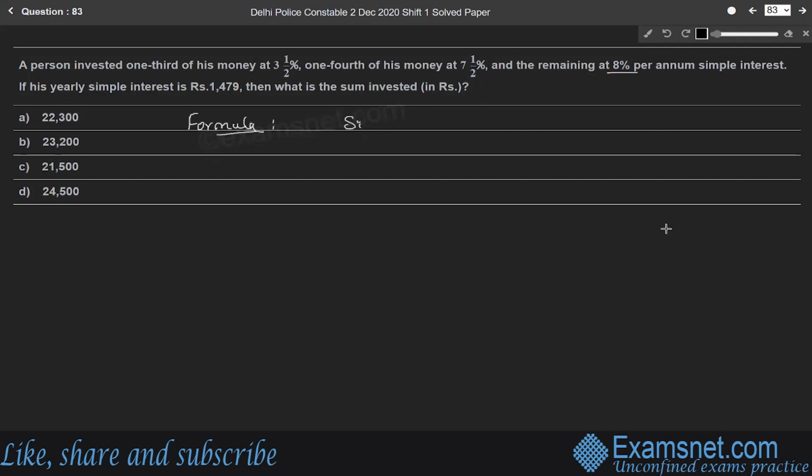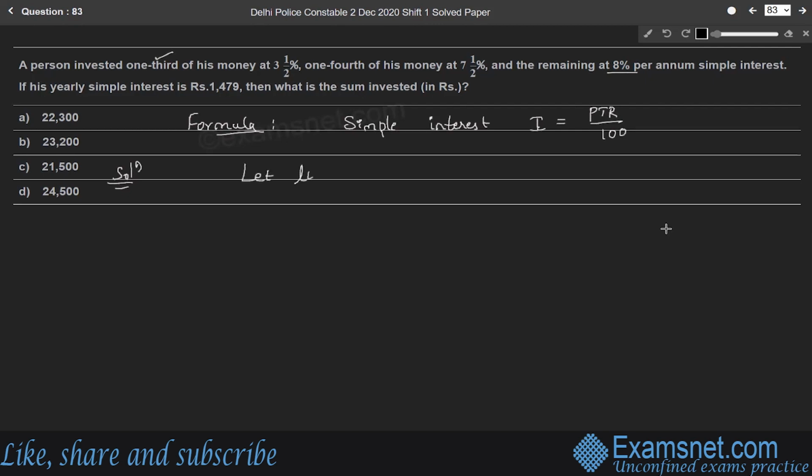So simple interest I is equal to PTR by 100, where P is principal or sum, T is the period, and R is rate of interest, right? So it is given that the person invested 1/3 of his money at 3.5% rate and 1/4 of his money at 7.5% and the remaining at 8% rate, right? So let the sum of money be X rupees.